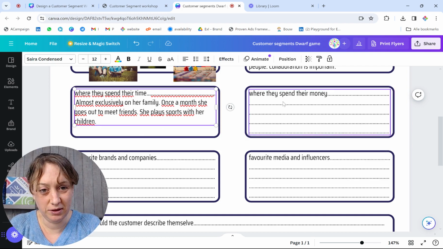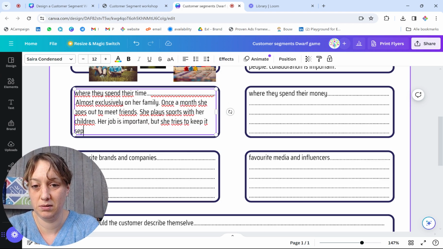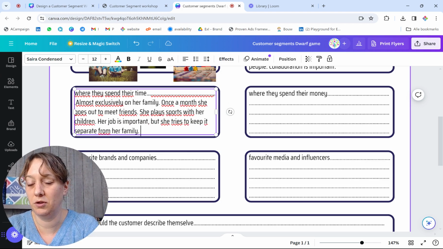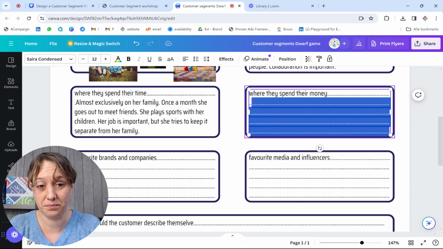That's where she spends most of her time. Her job is important, but she tries to keep it separate from her family time. So she's really dedicated to having quality time with her family.